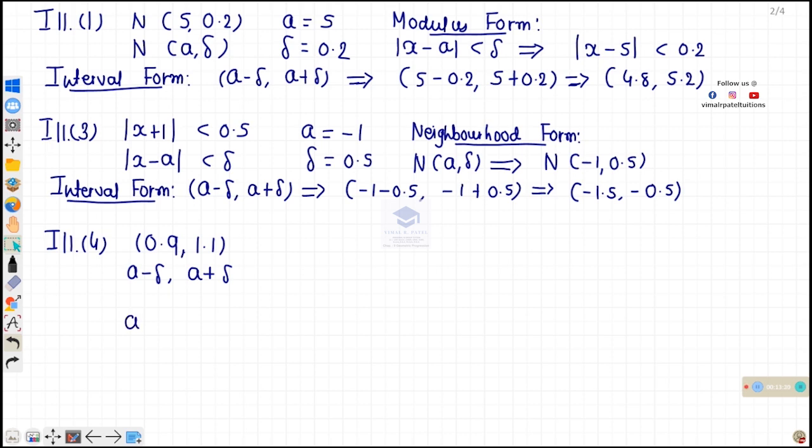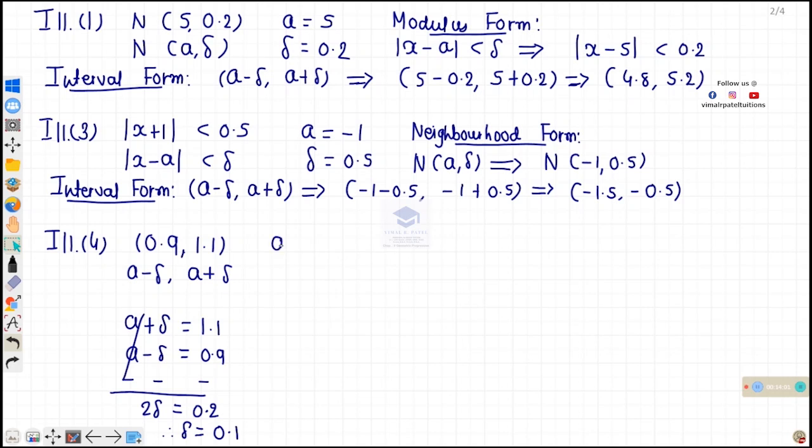See, A plus delta is 1.1, A minus delta is 0.9. Eliminating, minus minus plus, 2 delta is equal to 0.2, so delta is equal to 0.2 divided by 2, 0.1.